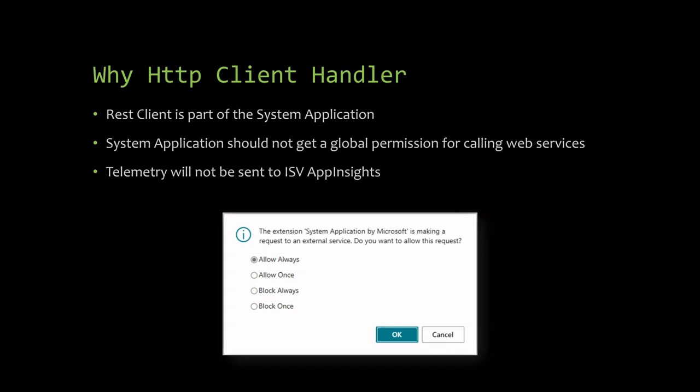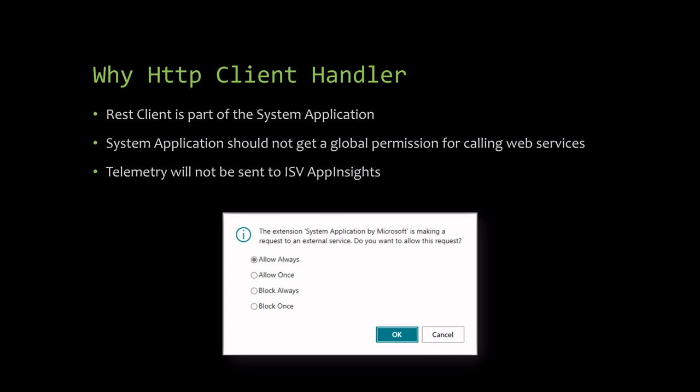This is dangerous. So this is not a good idea if the system application gets the permission to make external calls on behalf of your app. But yeah, the code lives in the system application.